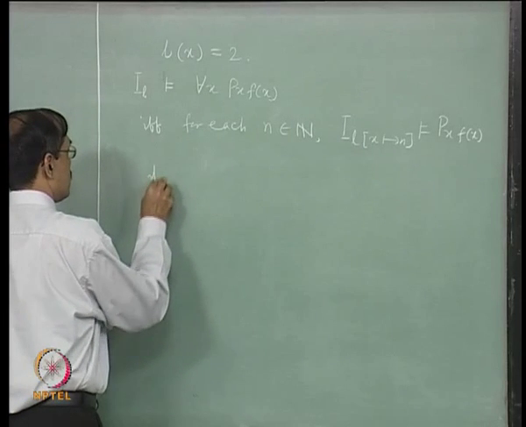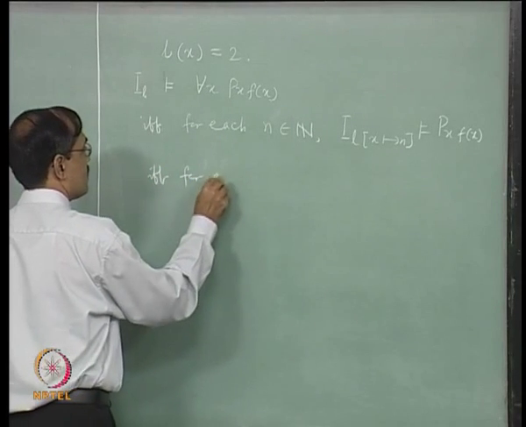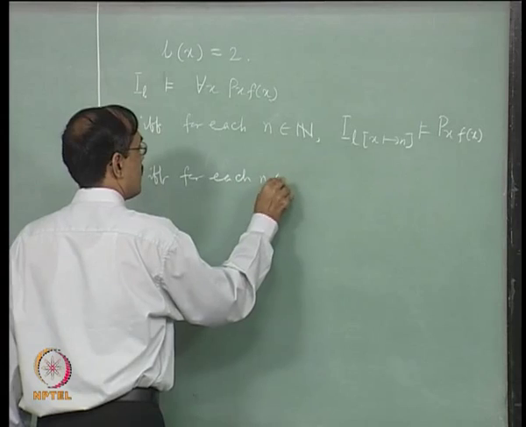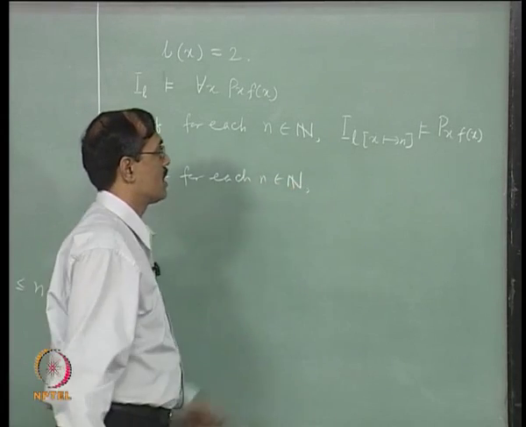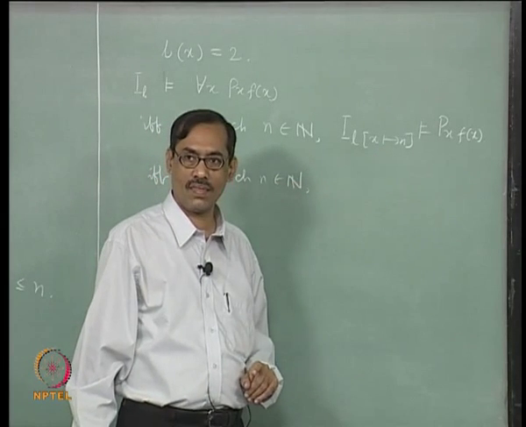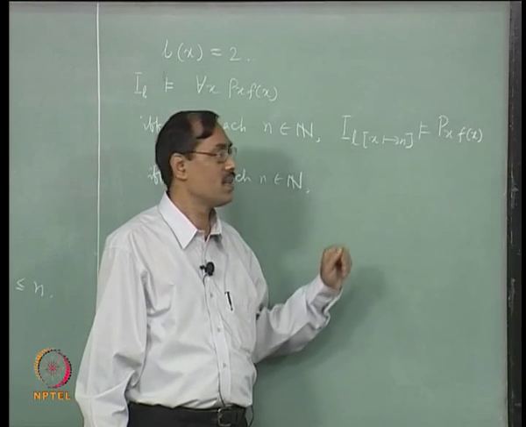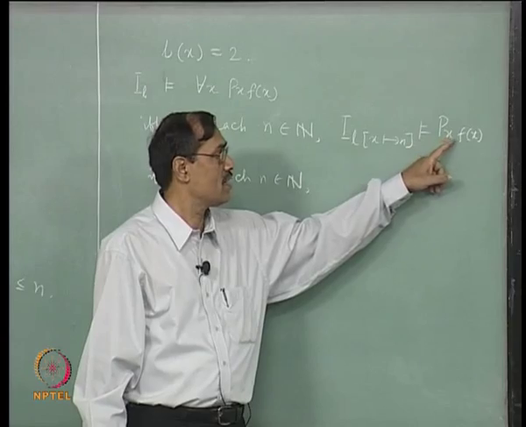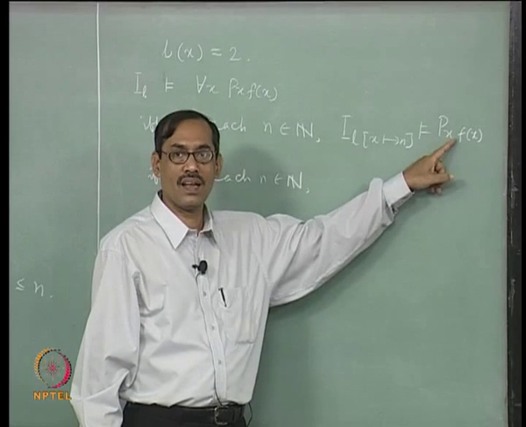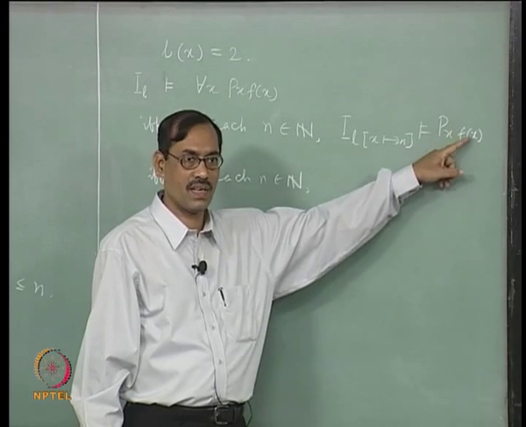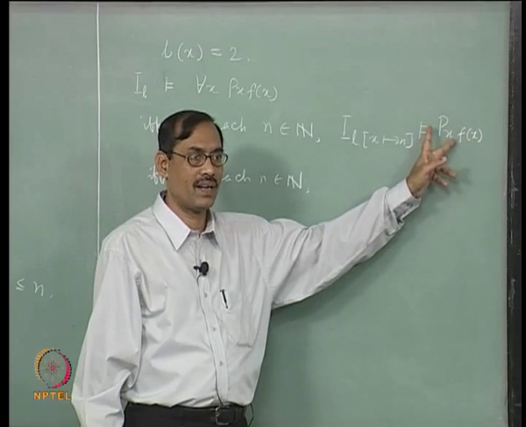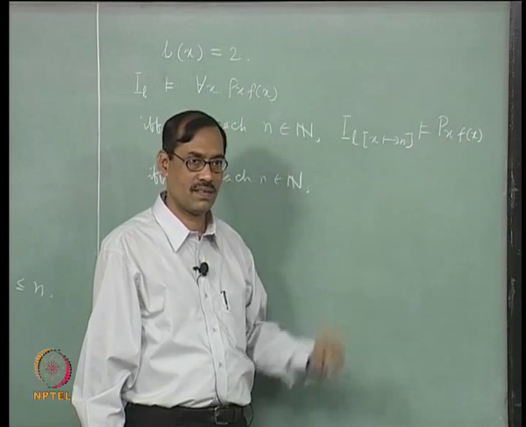Now, let us go on writing it, for each n in N. What about this? When does it satisfy p(x, f(x))? That we have to see. So, by definition it will satisfy when the corresponding pair belongs to the corresponding predicate, right.